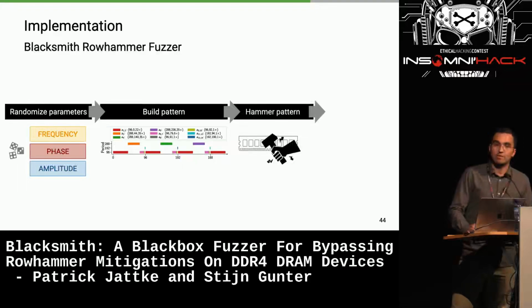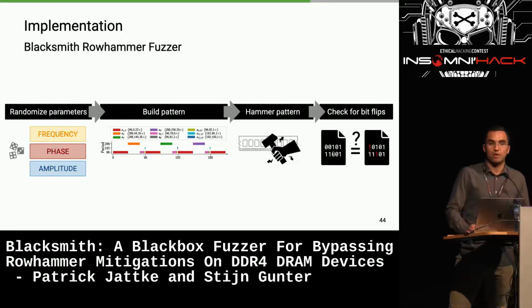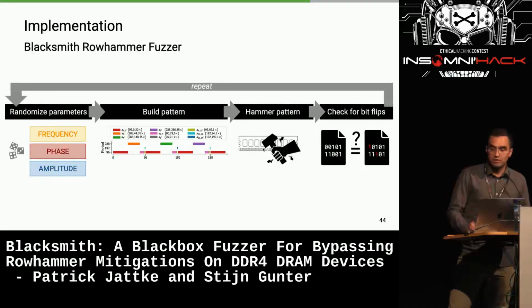Then we hammer the pattern, so we execute it many times over and over again. And then we check in the memory that we initialized before whether any of the data changed. Based on the location where the change happened, we can figure out which of these aggressor pairs triggered a bit flip. And we repeat this for 12 hours in total on each device of our test pool.